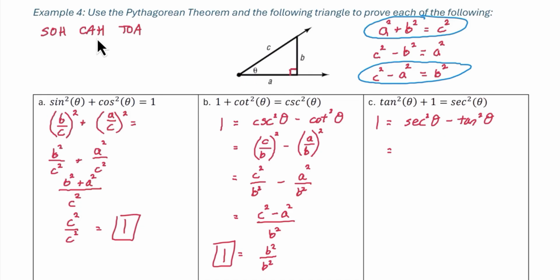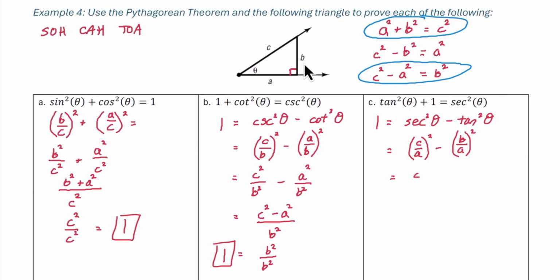So if we write the reciprocal of cosine, that will be hypotenuse over adjacent, or c divided by a. And that is being squared. Minus tangent. Tangent is opposite over adjacent, or b divided by a. And that is, again, squared.